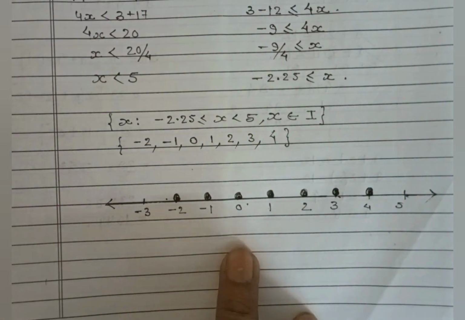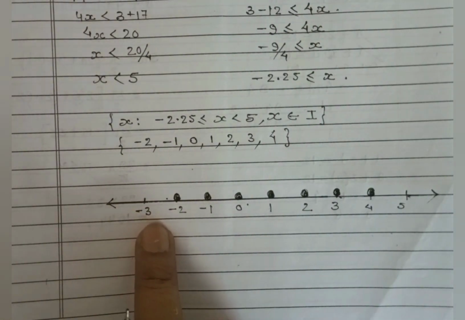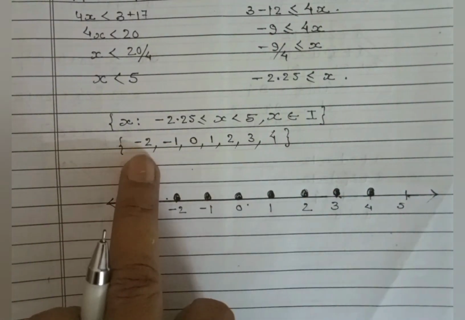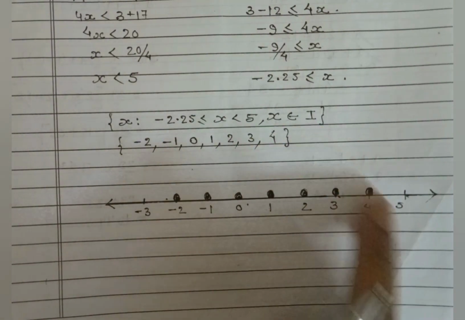Remember whenever you are plotting it on the number line, then we should plot two extra numbers, one the preceding of the minimum one and one the succeeding of the maximum.